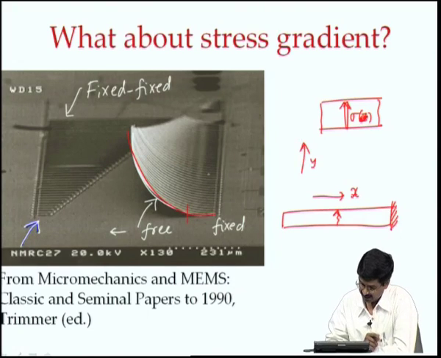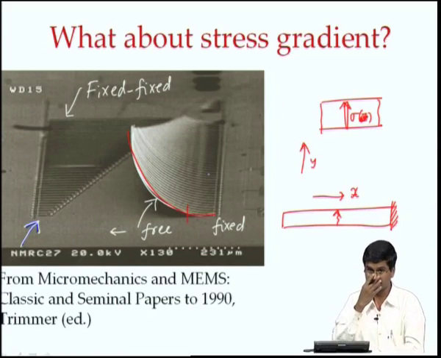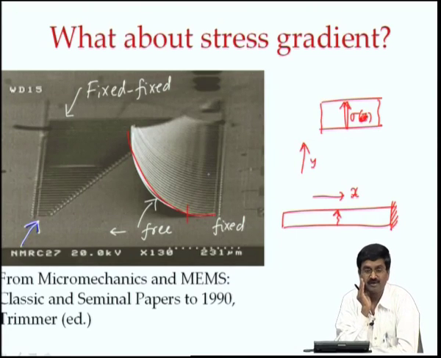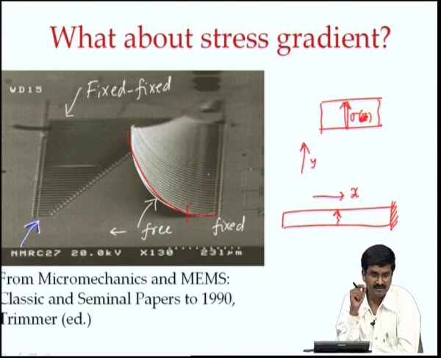Okay. And now, let us see in microfabrication processes what causes this residual stress. There are a number of causes. One we already discussed at the very beginning of this lecture, which is thermal effects. Most of the microfabrication processes happen at a high temperature, and they develop certain thermally induced stress.